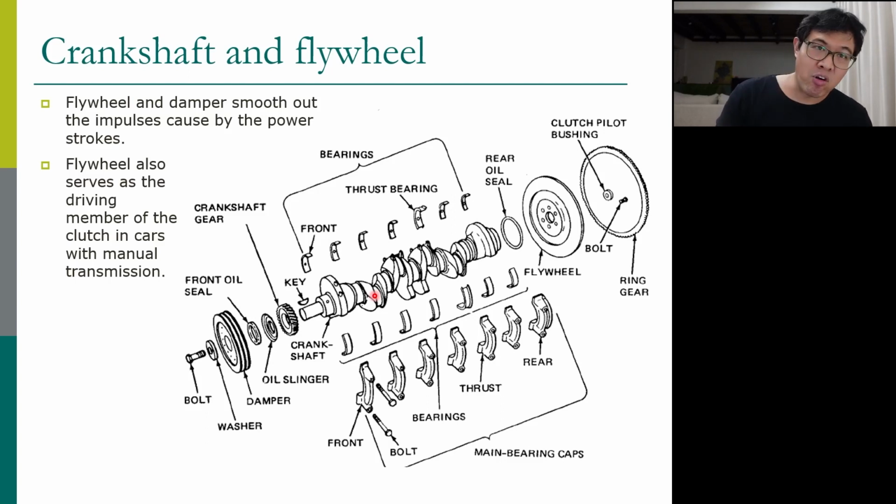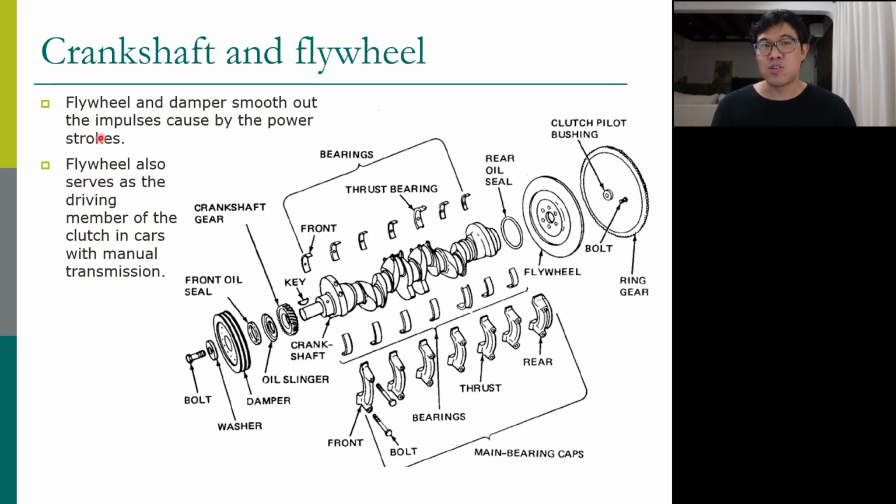Therefore, if you use that power, it comes as a pulse, which we don't like. So on the crankshaft we install this flywheel. The flywheel serves as a driving member: the output power of the engine goes through this flywheel, and the flywheel also acts as inertia to damp out the impulse caused by the power stroke.